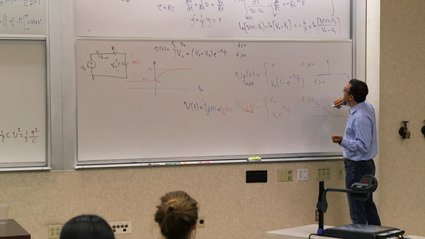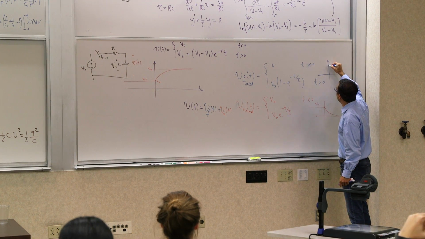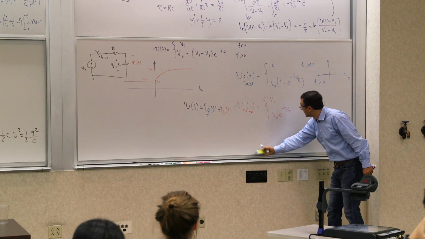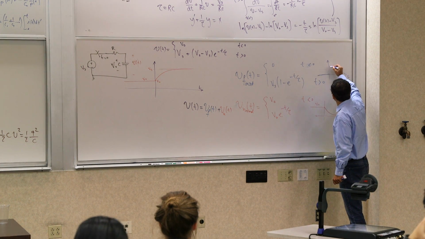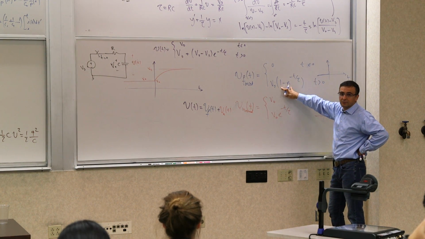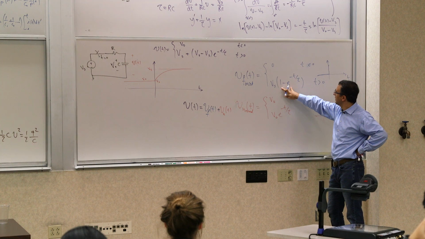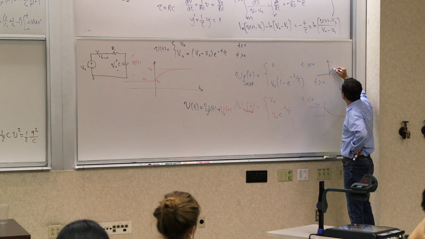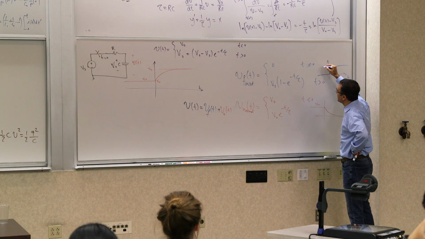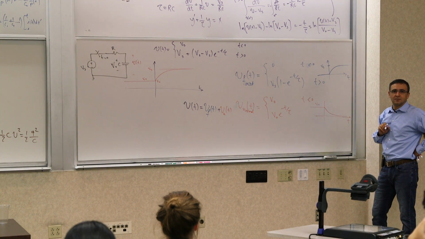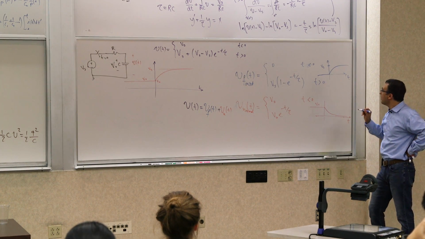So what is it at t equals 0? At t equals 0, it's still 0, so it's continuous. Then beyond that, it gradually, exponentially goes up to a value of Vs. Both of them are happening.